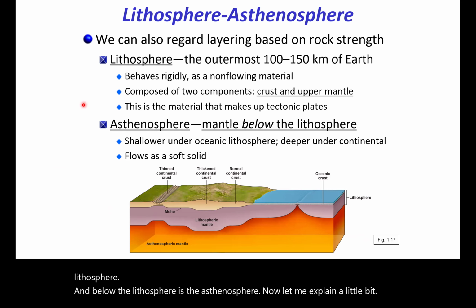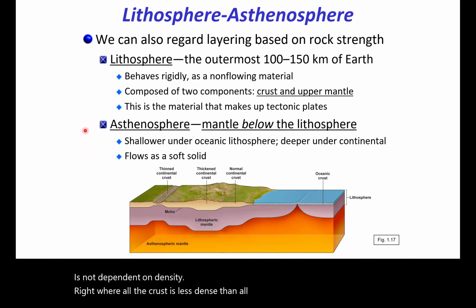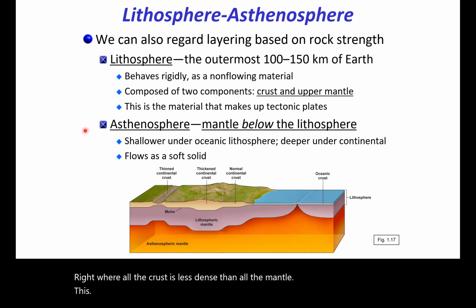This layering is not dependent on density, where all the crust is less dense than all the mantle. This distinction is made based on rock strength or rigidity, I guess we could say.